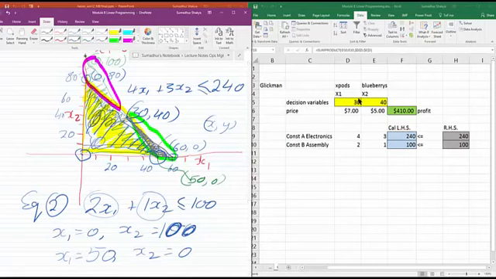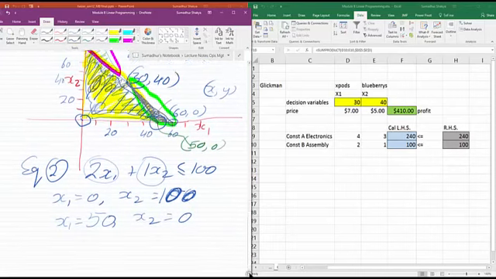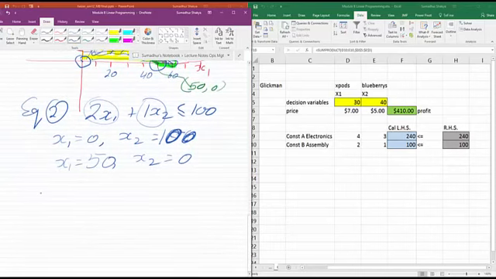But if we had not reached this stage, the way you would solve this using the graphical method, or what they also call the corner point solution, is you would solve equation 1 and equation 2 together.